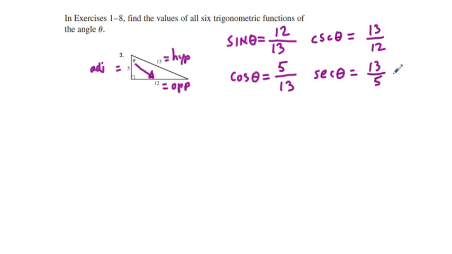And mathematically, if you work this out, we would get 2.6. Tangent theta is equal to opposite over adjacent. Our opposite side is 12. Our adjacent side is 5. And cotangent is reciprocal of tangent. So cotangent theta equals 5/12.